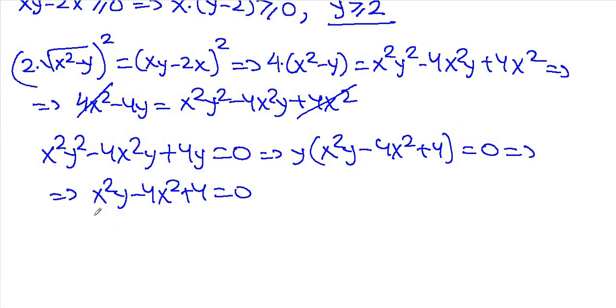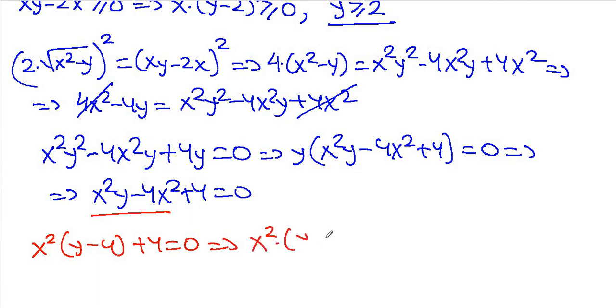Then, from this I can factor out x squared to get x squared times (y minus 4) plus 4 is equal to 0. So this one is equivalent to x squared times (y minus 4) is equal to minus 4, and here I'll get that x squared is equal to minus 4 divided by y minus 4.